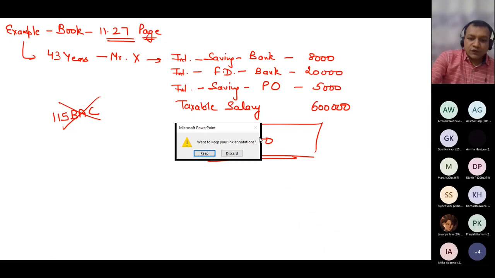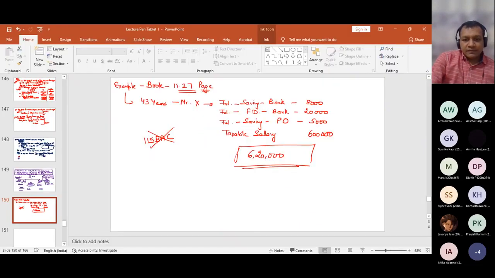So those who have computed 620, please raise the hands. Garima, you have not raised your hands. Is there any problem in this question, Garima?